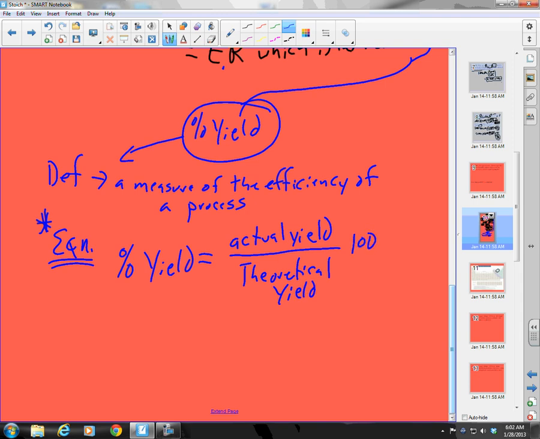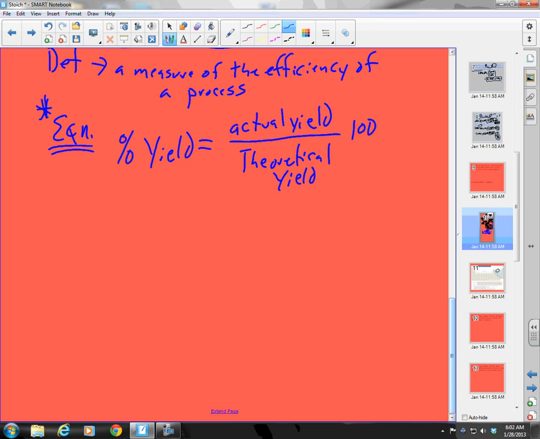That's simple enough. We do need to understand what an actual yield is, and what a theoretical yield is. And once we understand those two things, this equation is a piece of cake, right?